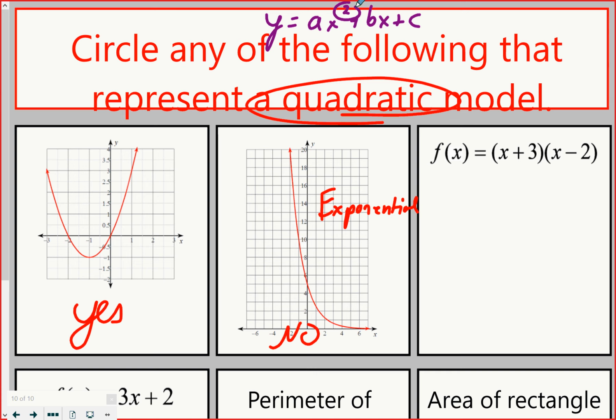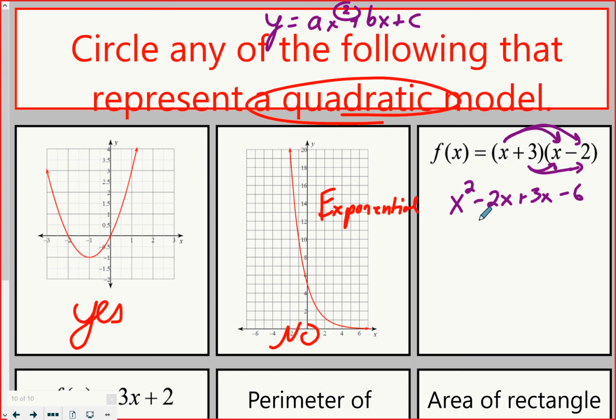But if I were to simplify this and multiply this out, you're going to see that you end up with that quadratic. Because if I do x times x, that's going to give me x squared. X times negative 2 will give us negative 2x. 3 times x will give us 3x. And 3 times negative 2 will give us negative 6.